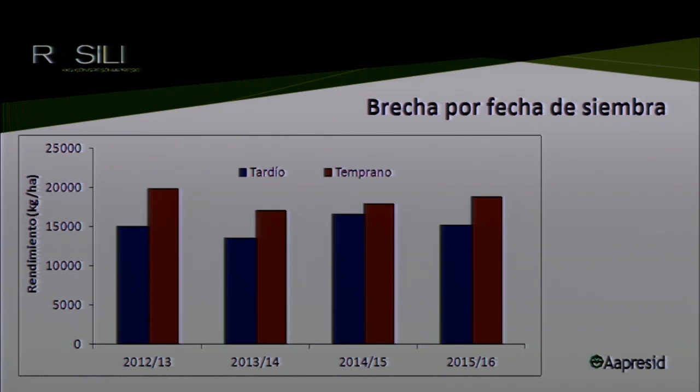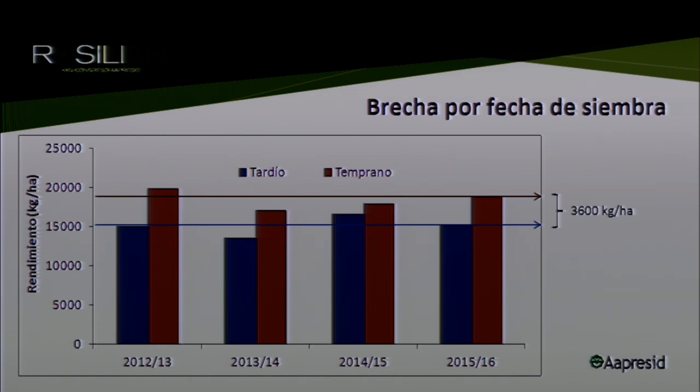What happened with the potential yield gap associated with the planting date? Here we have 4 growing years. In 3 of them, we had a higher potential yield of early corn versus late corn. The gap of potential yield associated with planting date is 36 hectares.